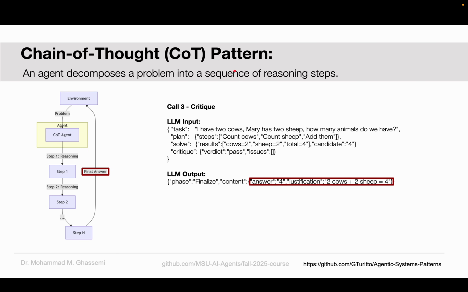Okay. So I wanted to break down this example so that you understood in a chain of thought pattern, particularly when you're dealing with an agentic treatment of the problem, as opposed to just regular prompt engineering, you typically make a few calls to the LLM.